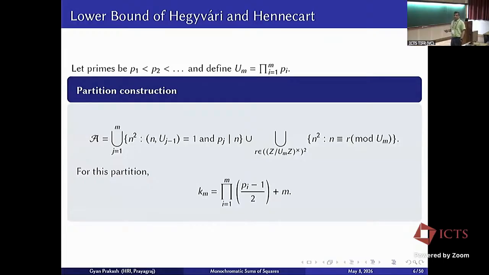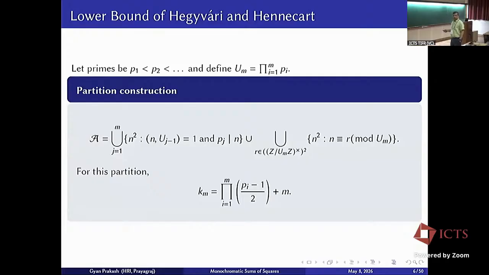Since U is a product of the first m many primes, if the square is not co-prime to U, there will be a smallest prime which divides both U as well as n. So I consider that. And then for the other part, I take any residue class in (Z mod UZ) star square.